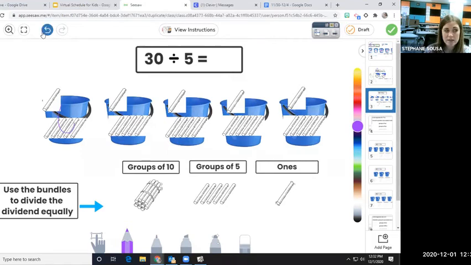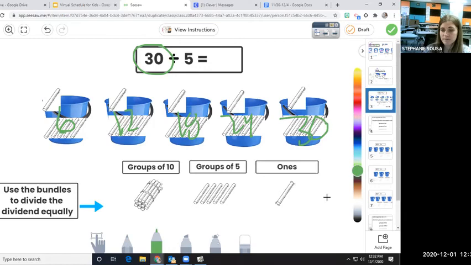So that is 6, 12, 18, 24, 30. Hey-oh, I am at 30. Yes. So there are 6 in each bucket. That means my quotient is equal to 6. There's a group of 5 and 1, 1 inside of each bucket.